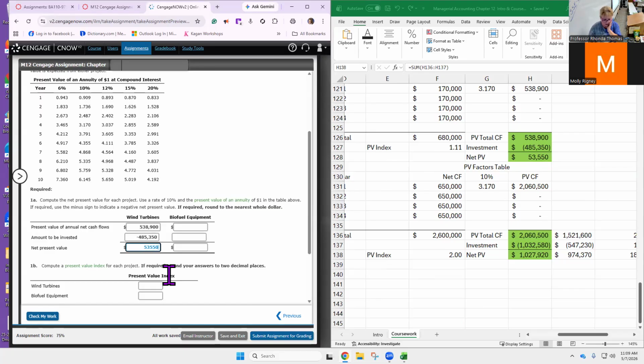Some businesses maybe won't use one or the other just for their reasons. And guess what? It's up to them what they want to use because they're the ones calculating this information to try to justify which capital investment to make. And if they screw it up, then it's on them, right?